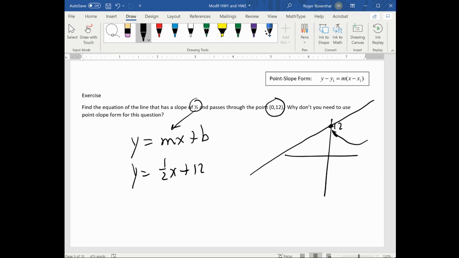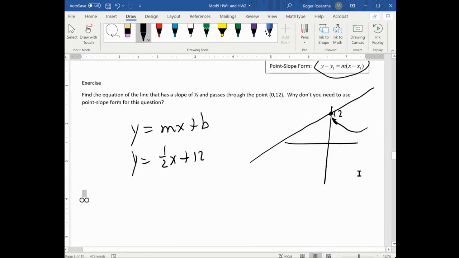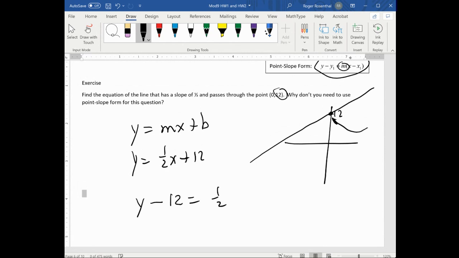And we're done. Now be careful. This is only a y-intercept because its x coordinate is 0. If that wasn't 0, you wouldn't have a y-intercept, and then you'd have to do other things. Now, could you use this formula? Totally. Let's use that formula. y minus the y coordinate of 12 equals the slope, which is 1/2, parentheses x minus the x coordinate of 0.